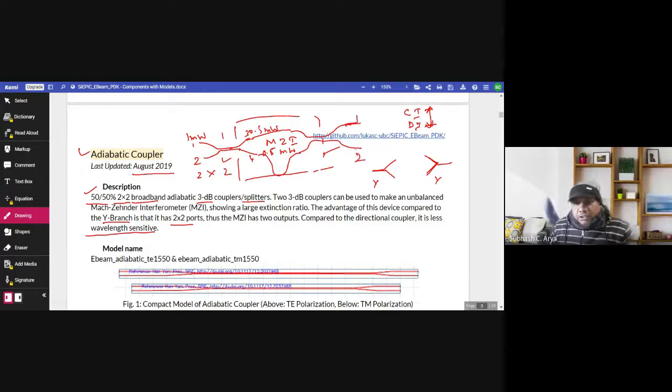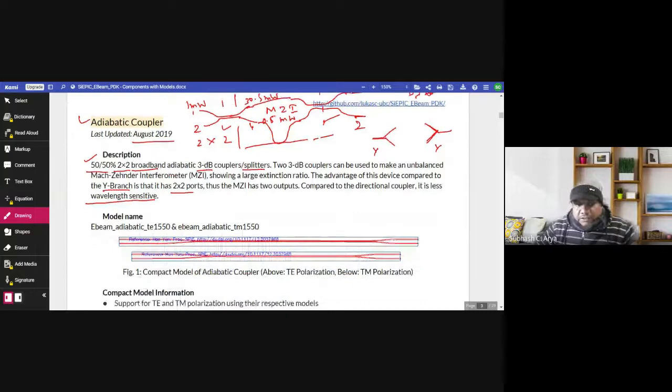These two outputs are 180 degrees out of phase, which is sometimes very necessary to compare the results. Compared to a directional coupler, it is less wavelength sensitive. So a broadband directional coupler is similar in structure, but this is adiabatic, so it has been deliberately made to be less wavelength sensitive.